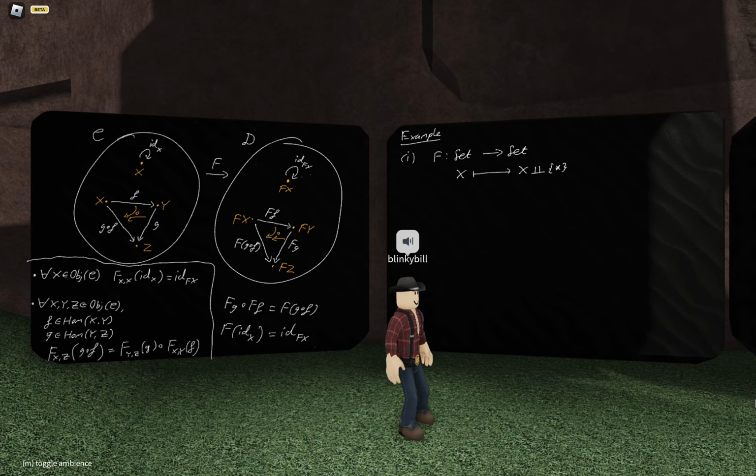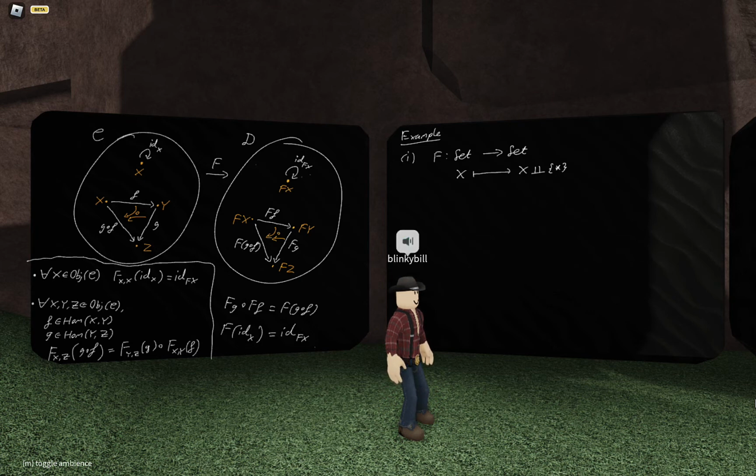I could give a very precise definition of what a coproduct is, but vaguely, it's kind of like a union of those sets, but you're able to distinguish between things that are from X and things that are from this set. It's just guaranteeing that this unique element here doesn't coincide with any of the elements of X. So the functor takes a set X and just adds an extra thing to it.